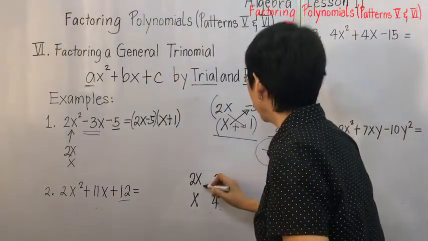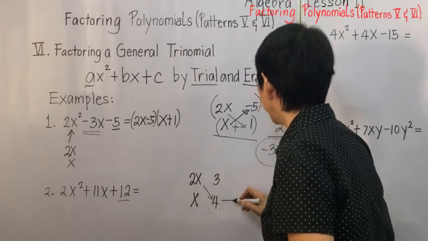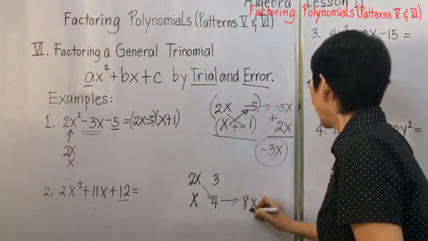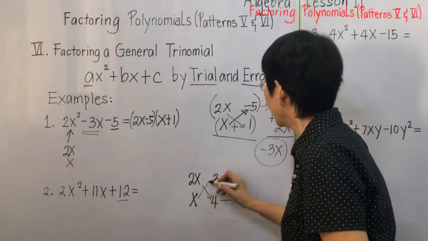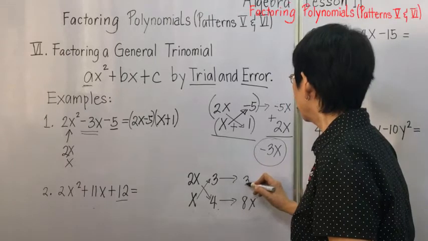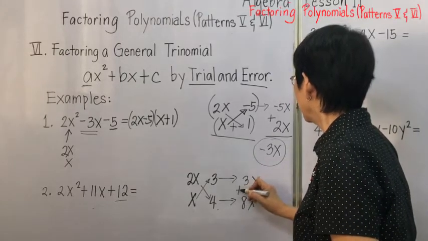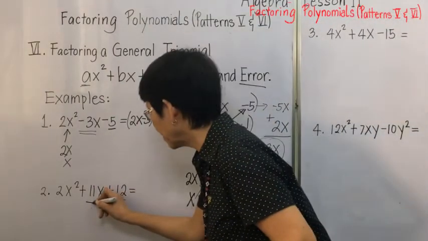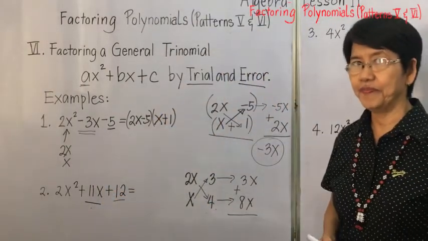So if we multiply this way, the answer is 8x. If you multiply this way, the answer is 3x. When you add these two, you should get a positive 11.